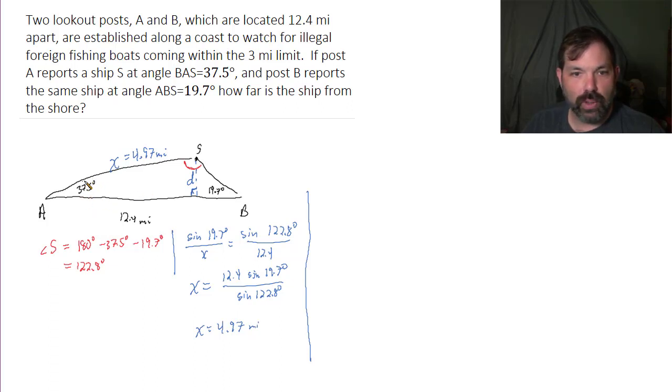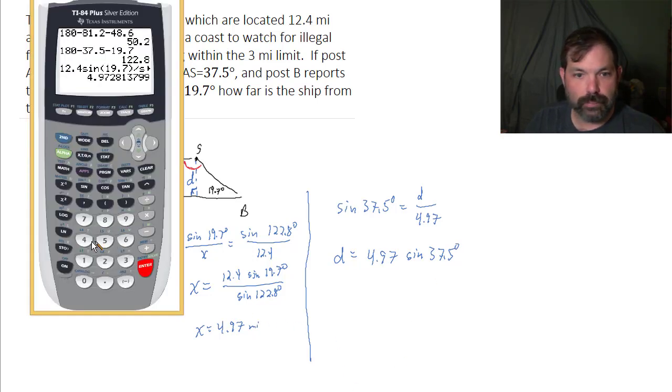So I've got the 37.5 degree angle, D is opposite, and X is the hypotenuse. So I can now say that the sine of 37.5 degrees is D over 4.97. So then D is 4.97 times the sine of 37.5 degrees, just using right triangle trig.